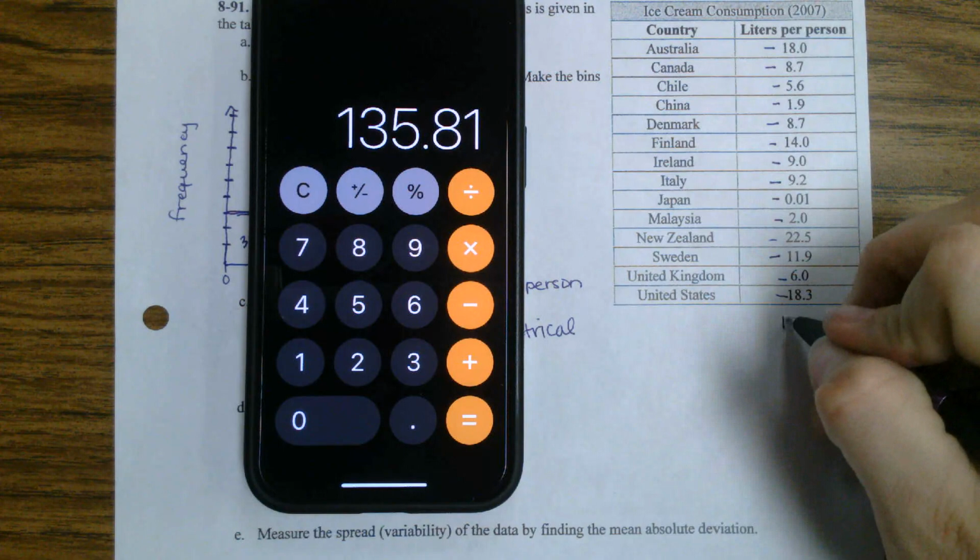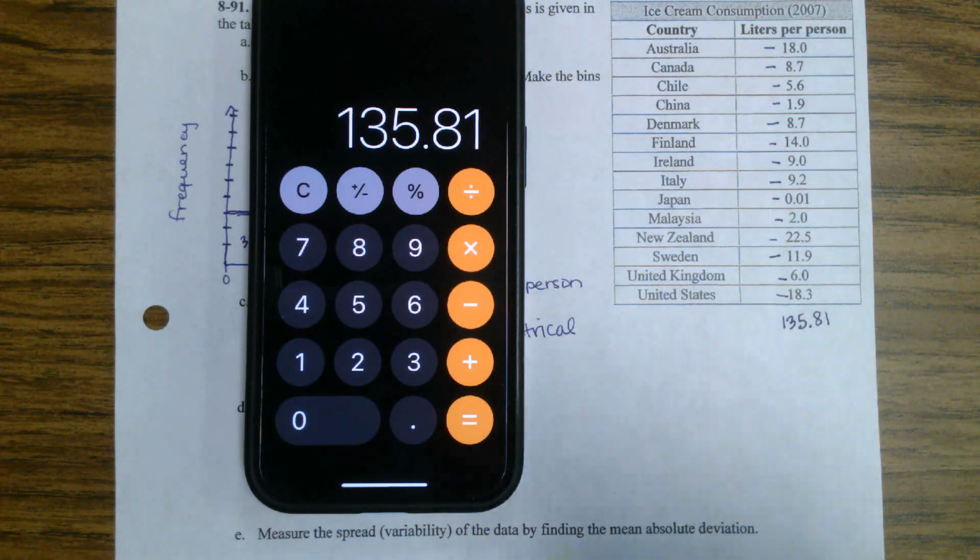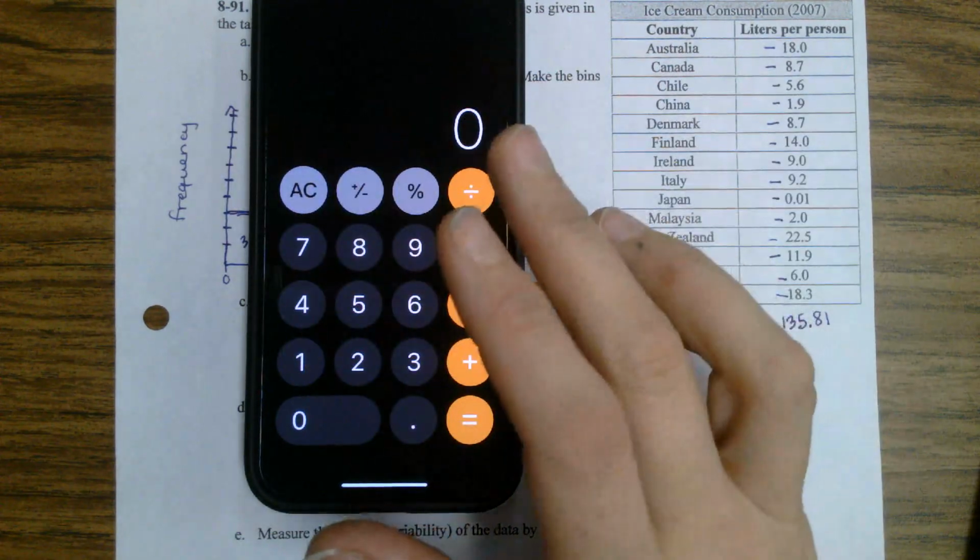I get 135 and 81/100ths. Again, I do this twice to make sure I get the same number both times.